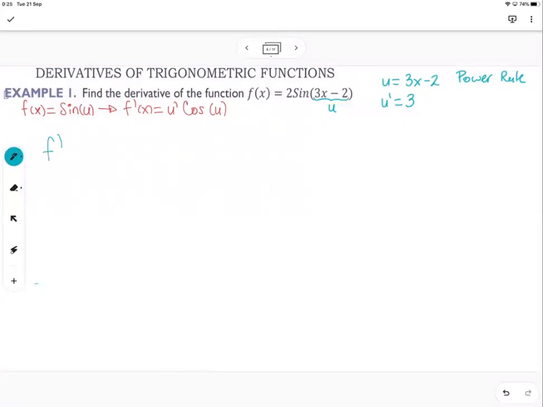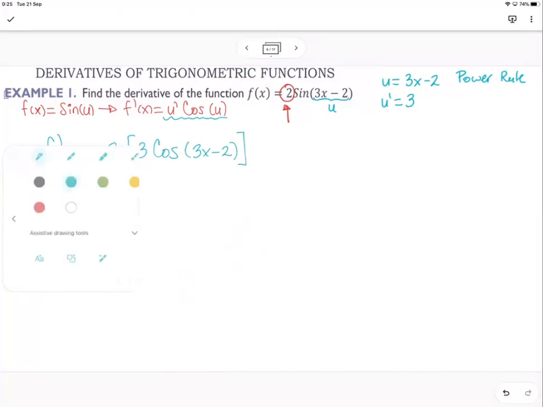Okay, so, well, what about this constant that we have here at the beginning? As always, with all the other rules we've been working with, you just paste it to the derivative. Okay, so this is what we're going to do. 2 times the derivative of sine, and the derivative of sine is u prime cosine of u, so it is going to be 3 times cosine of 3x minus 2.